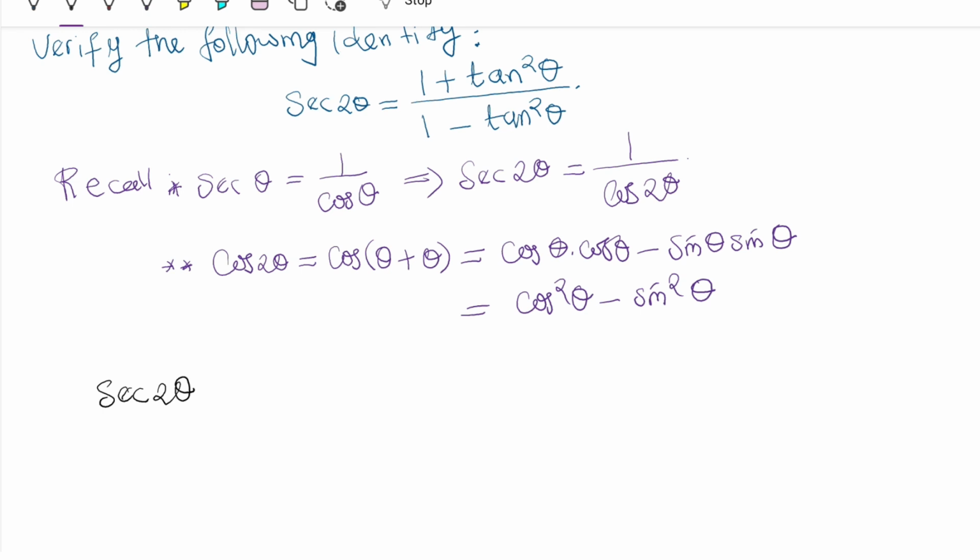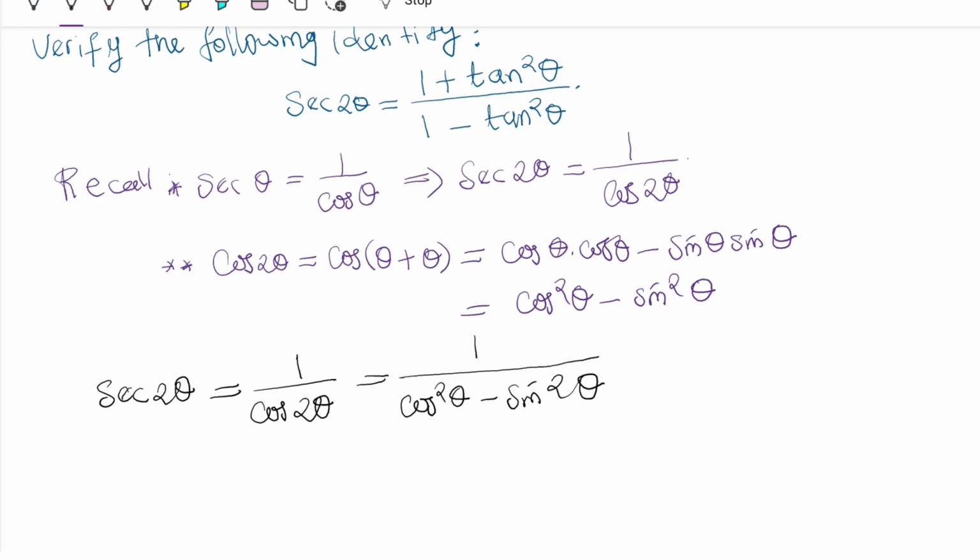Sec 2 theta is equal to, I first write it as 1 over cos 2 theta, which is equal to, but we said cos 2 theta is equal to cos squared theta minus sine squared theta. So I'll just write 1 over cos squared theta minus sine squared theta.